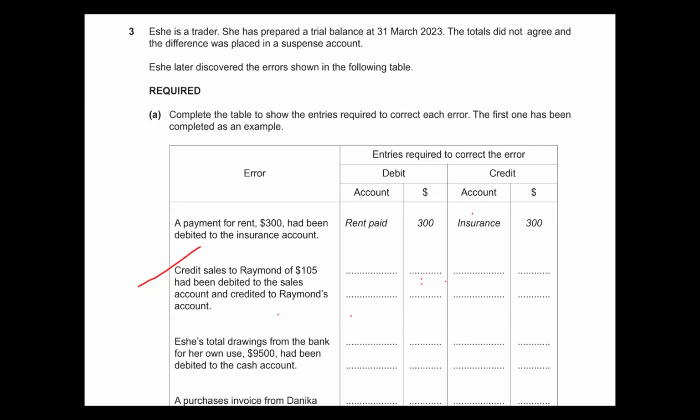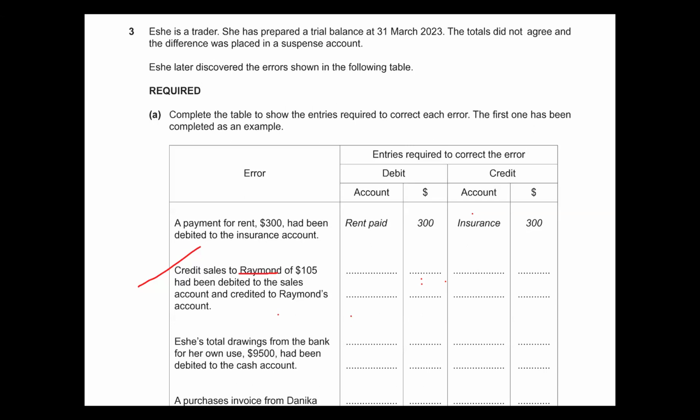Raymond was receiving in this case, so Raymond is supposed to be debited, right? Because he received the sales. So his account needed to be debited. But instead of debiting Raymond's account, we credited Raymond's account and debited the sales account.